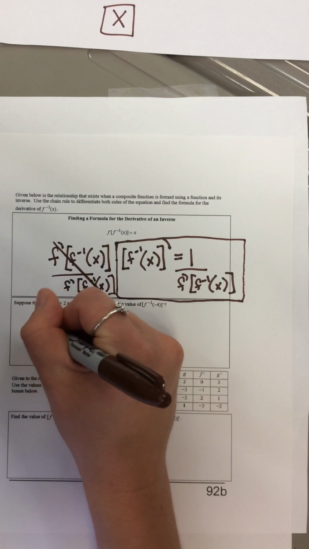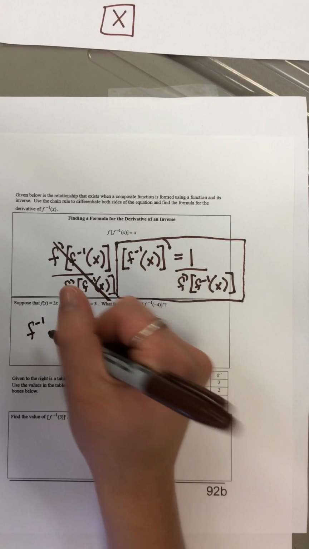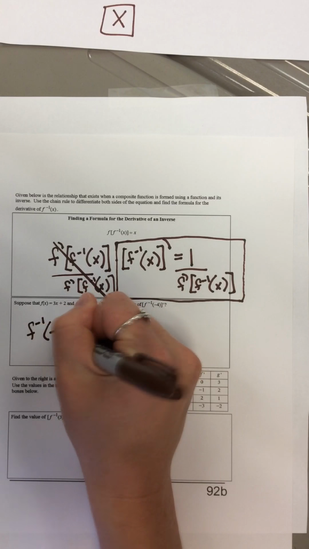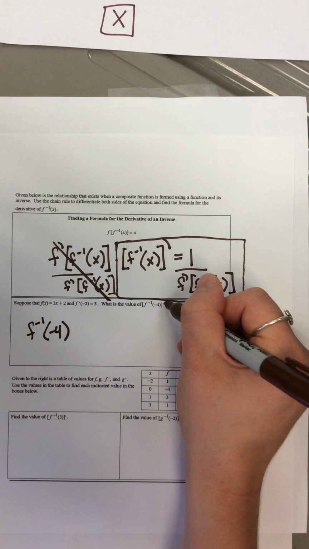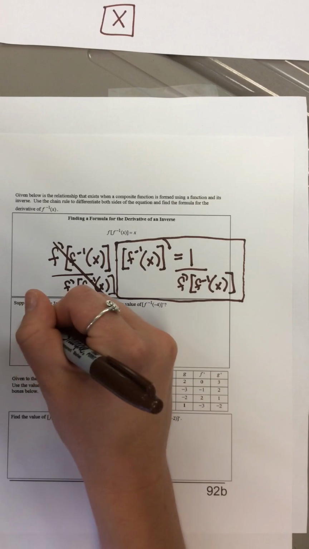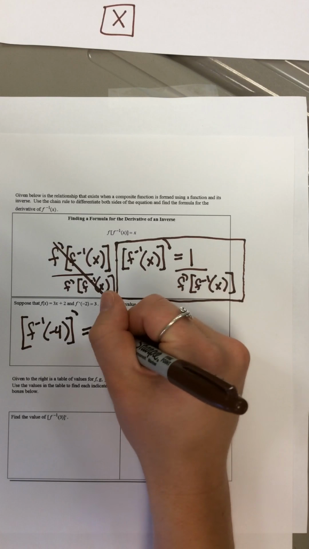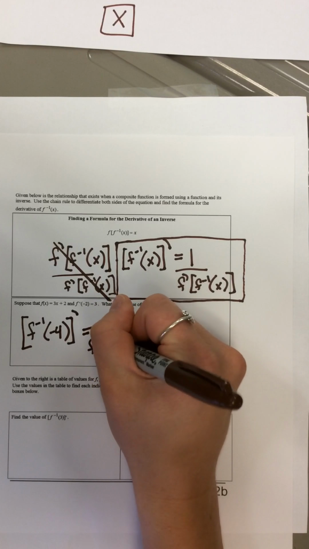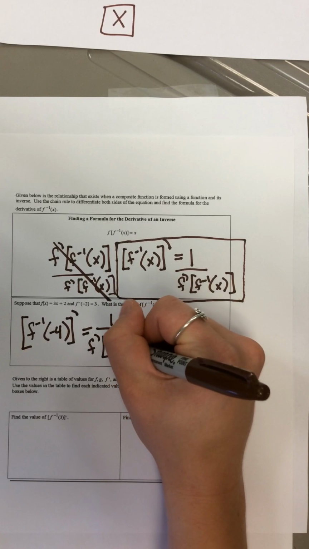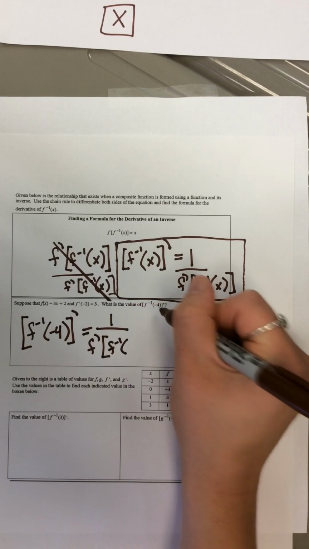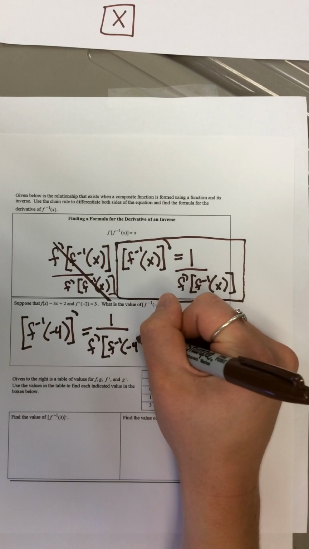So if it's asking me f inverse of negative 4, but I want to know, there's a little tiny apostrophe here, so I want to know what the derivative is. I'm going to write 1 over f prime of f inverse of negative 4.